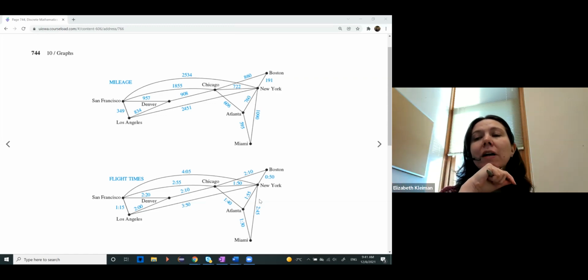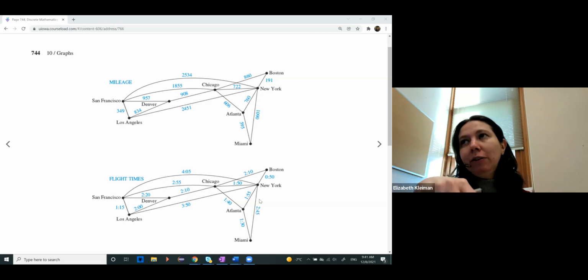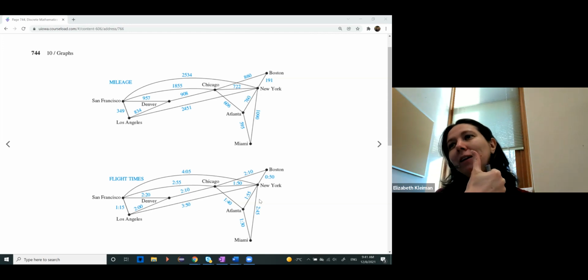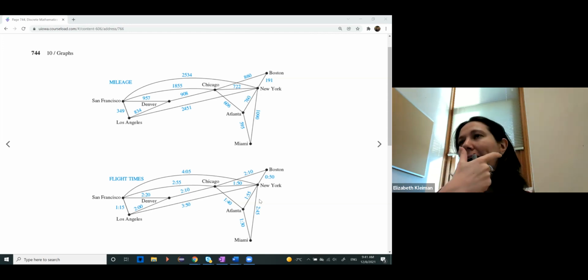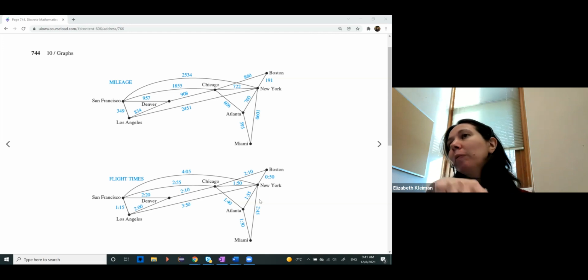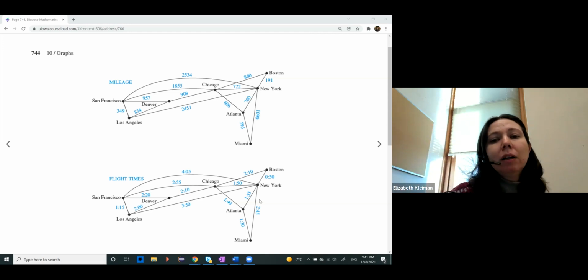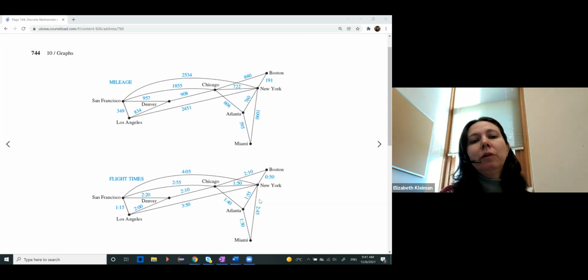However, if I have a weighted graph, my shortest path is supposed to be either the least time or the least weight, pretty much. So I'm combining the weights. So let's look at mileage, and we're going to travel from San Francisco to Miami.